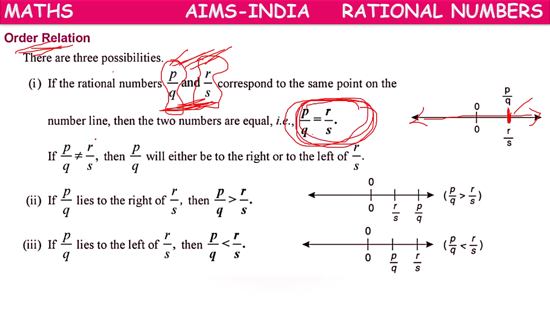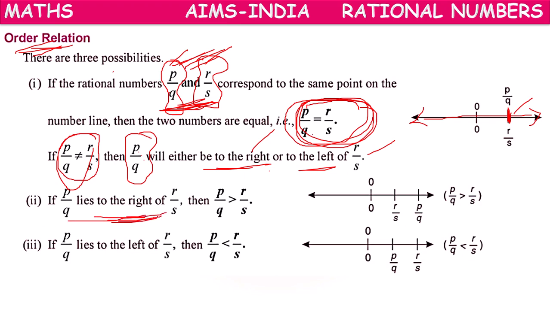If they are not equal, means they do not lie on same point. P by Q, one rational number will lie either to the right of R by S or to the left of R by S. If they are equal, lie at the same point. If they are not equal, one may lie to the right of second one, or to the left of second one. But when will it lie to the right of R by S?